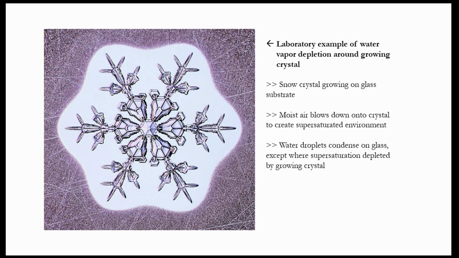But here, the crystal is sucking the water vapor out of the air. And so in this region here, there's no condensation of water droplets. Supersaturation is not high enough here. And so you see this edge. And that edge delineates where the supersaturation is equal to the water supersaturation, where you'll start to condense water droplets. And so again, it gives you a visualization of high supersaturation and low supersaturation.